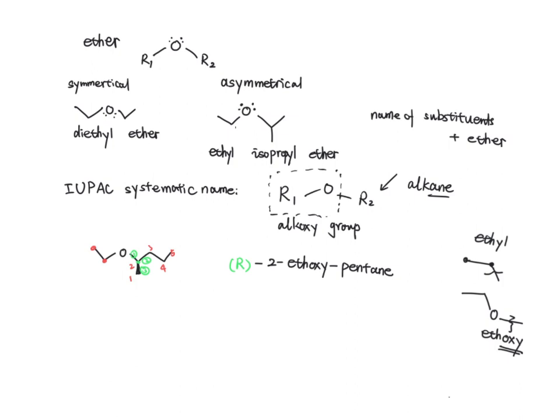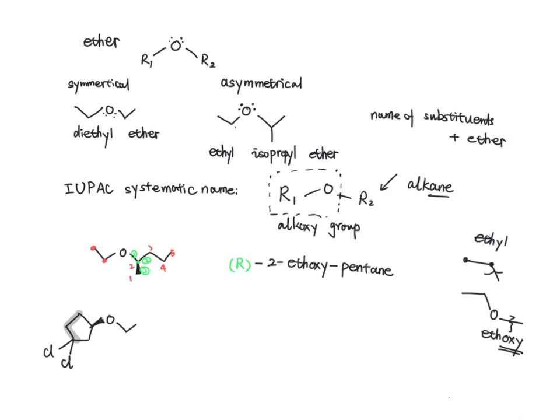Another example, let's look at this one. If we have this molecule right here, we have chlorine, and we have O. What we do here is, because the ring has the most number of carbons, the ring is treated as the parent chain.